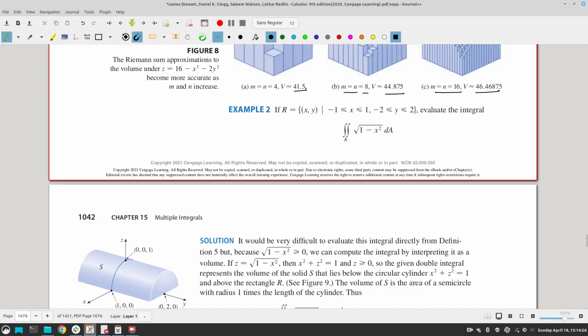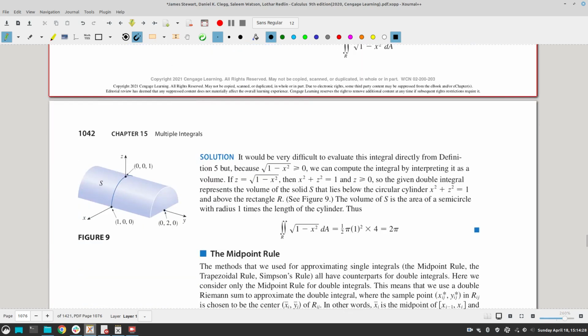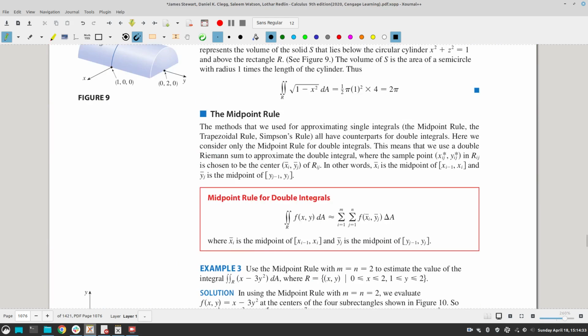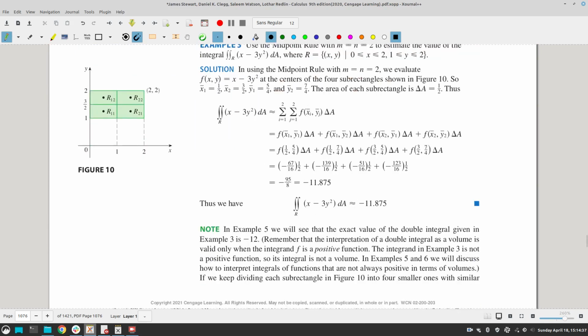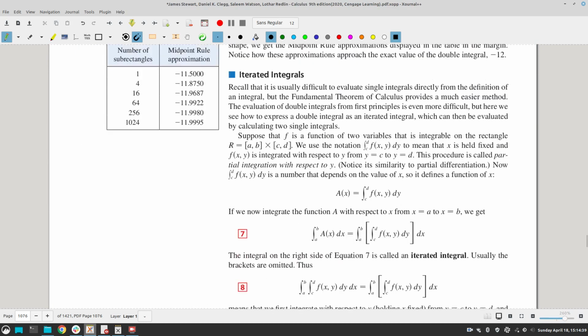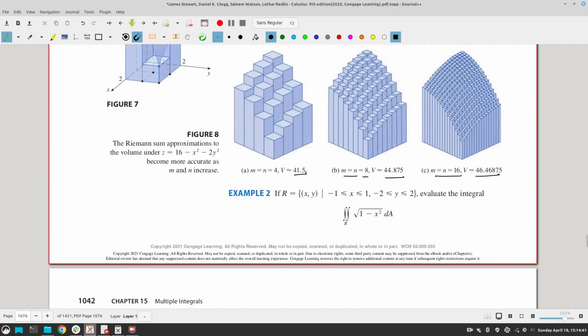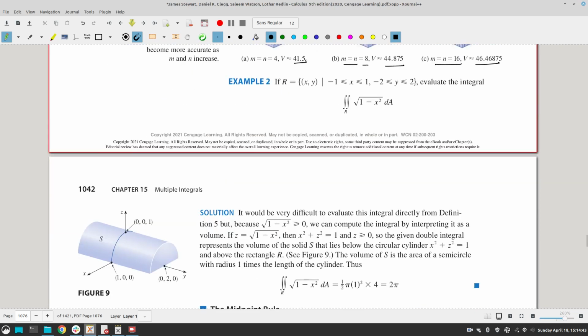So let's see how we can approximate this integral, the double integral of the square root of 1 minus x squared dA, right?